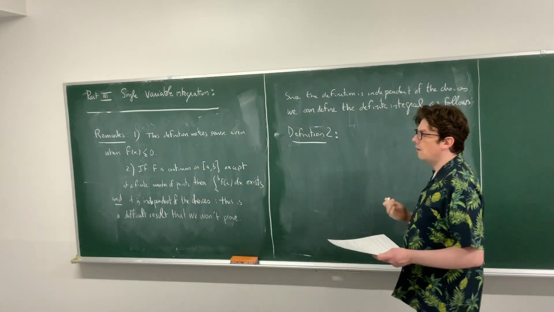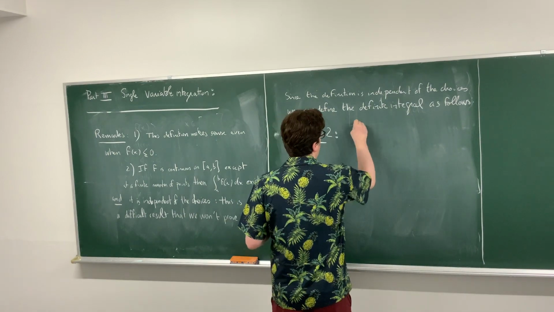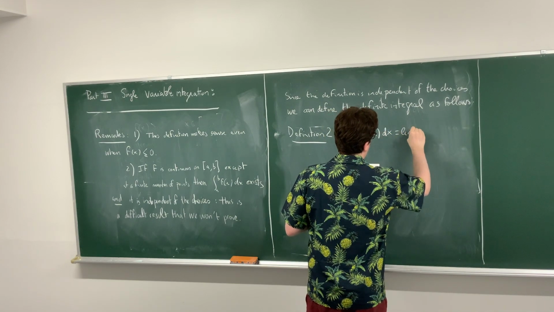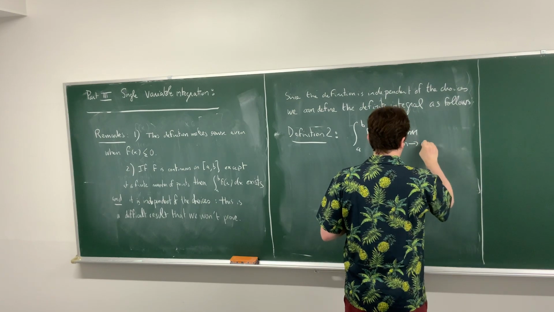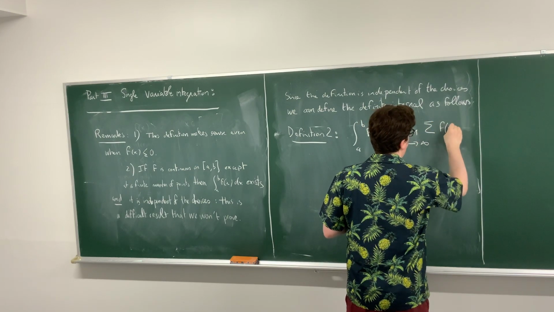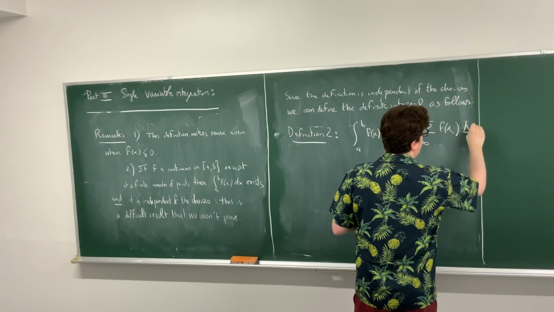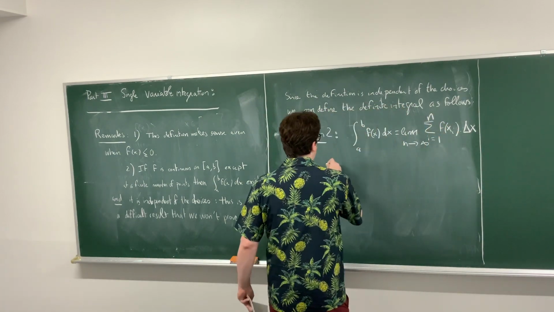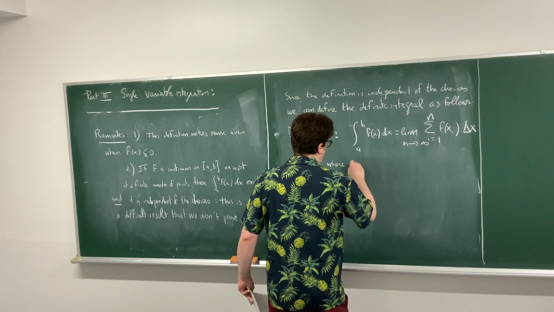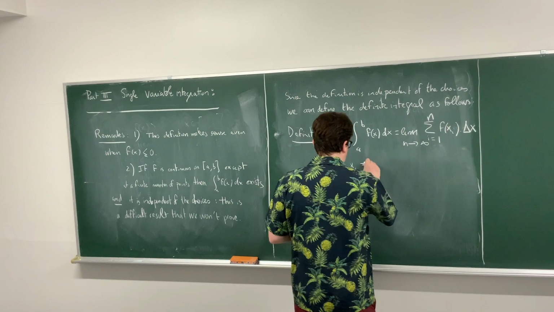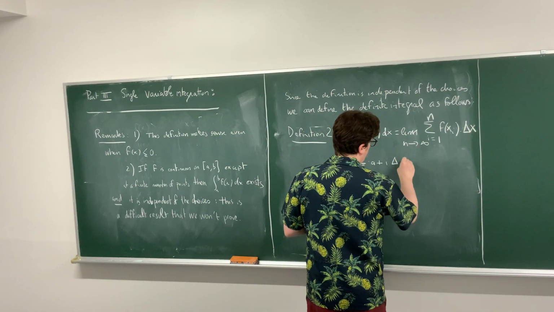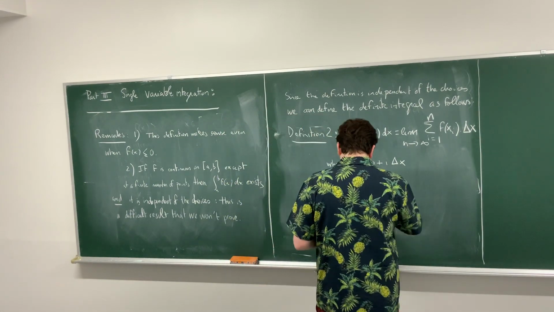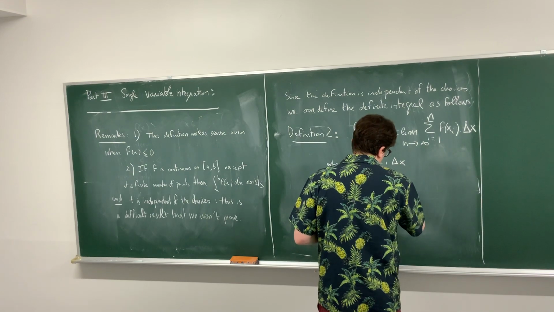We define this as the limit when n goes to infinity of the sum of f(xi) delta x, i equal 1 to n, where I'm going to take xi to be a plus i times delta x, and delta x is a constant value, b minus a divided by n.